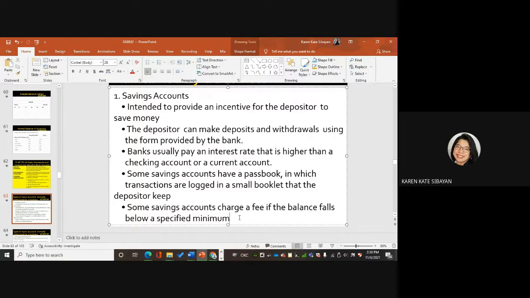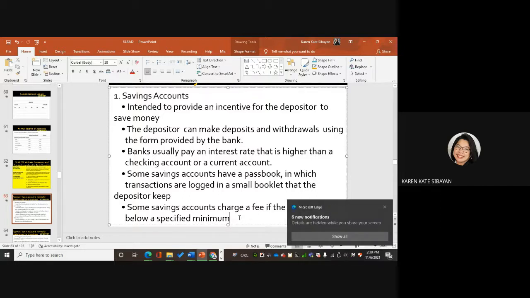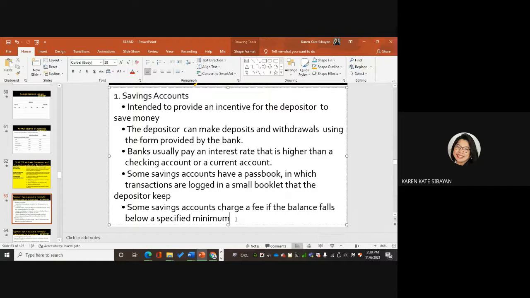Pero I think ang BPI meron silang, yung sa Kamiling, meron yatang para makapag-open ka ng account kahit 100 pesos lang. Just ask the banks kung ano yung possible na pwedeng minimum balance kung makapag-open kayo ng account as a student.